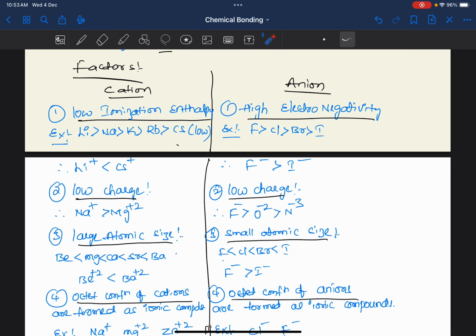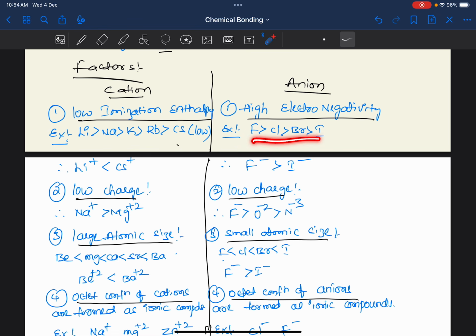Now go to anions. Which factors affect the formation of anions? The first point is high electronegativity. Electronegativity is the tendency of attracting electrons. Taking the 17th group of elements, electronegativity decreases from top to bottom in any group.